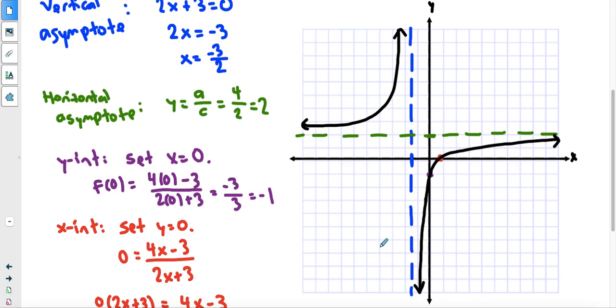So, to summarize, what did we do? To graph functions in the form ax plus b divided by cx plus d, we found the equation of the horizontal and vertical asymptotes, we found the x and y-intercept, and we used those to help us graph the function.